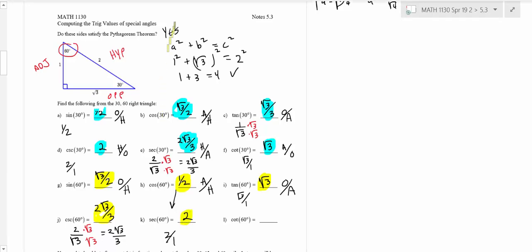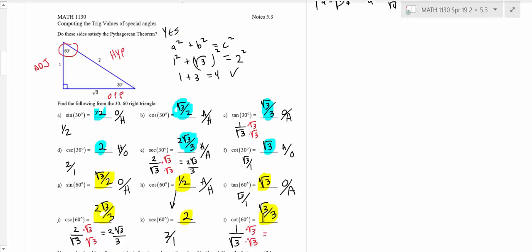And then finally, the cotangent is the reciprocal of the tangent, so that would be 1 over root 3. Rationalize the denominator. So your answer would be square root of 3 over 3. Okay? All right, so that would be the values of the 6 trig functions.